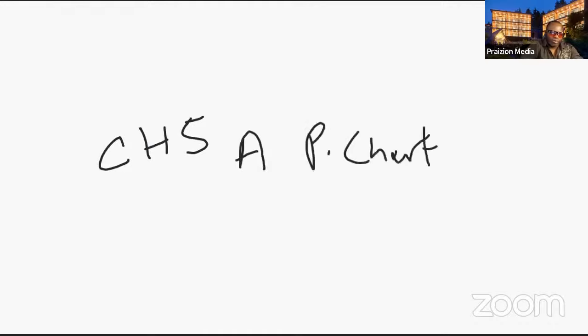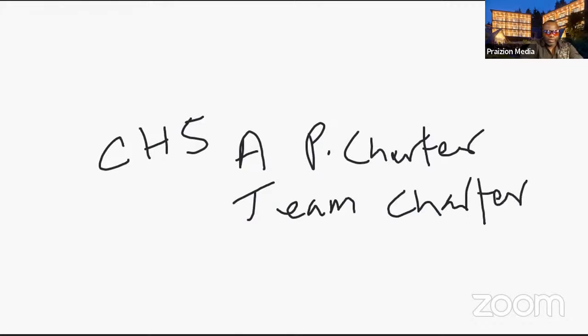Let's talk about chapter 5. What is in chapter 5? Chapter 5 in the Agile Practice Guide is about 2 big things: the Agile Project Charter, the Team Charter, and it's also about Agile practices.